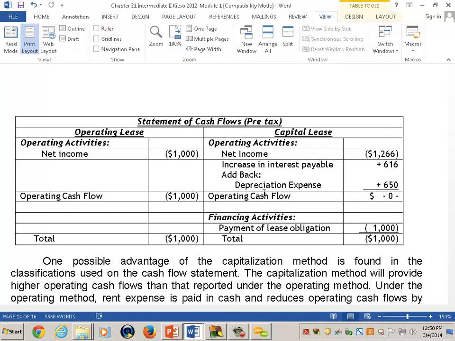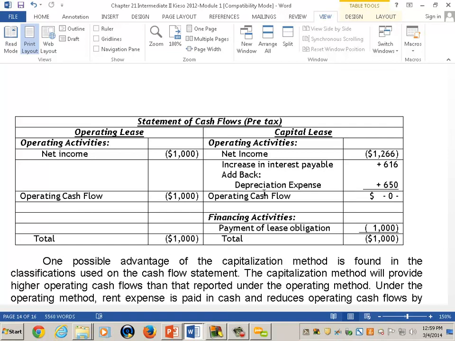For the capital lease, now remember, when you sign the lease, it is a significant non-cash investing and financing cash flow. So it has zero effect on the statement itself, but it will, in fact, be reported, and I don't have it here, but it's reported as a significant non-cash financing activity and investing activity.